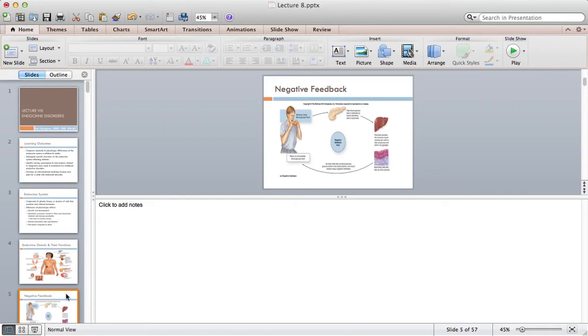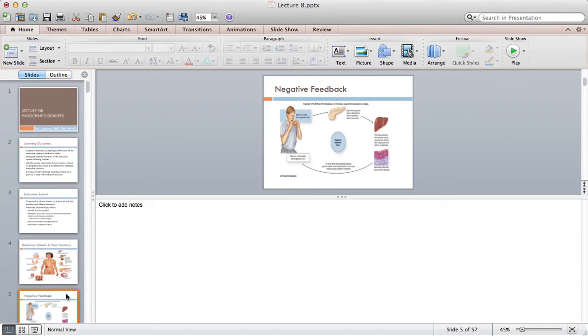For example, in the face of low blood sugar, the glucagon will act to increase the level of glucose in the bloodstream to counteract that hypoglycemic event.